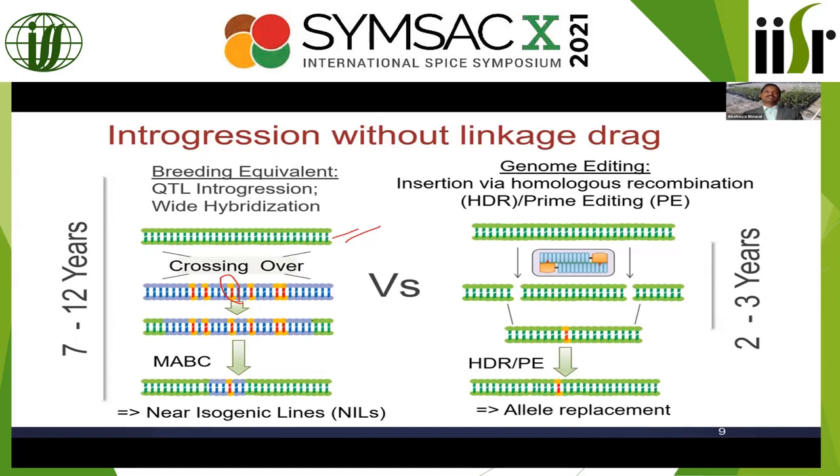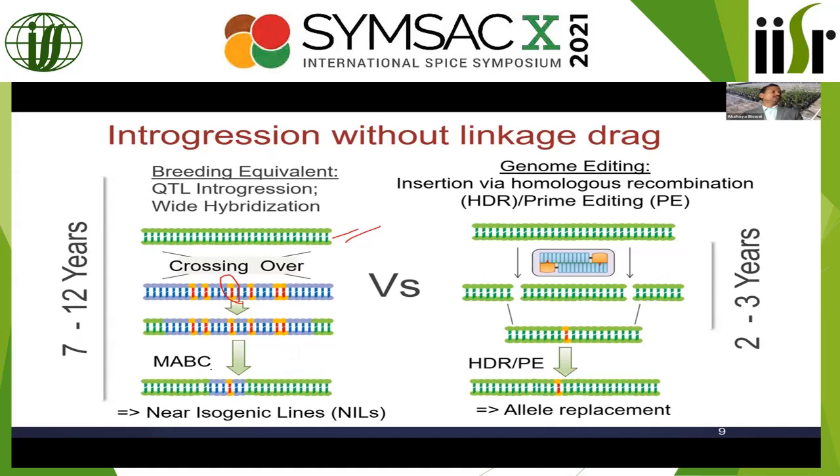But since this is not very precise, there can be integration of a few other genes which are not agronomically wanted. They can be something like scattering of seeds or some other traits, or drooping leaves, which the farmer doesn't want.